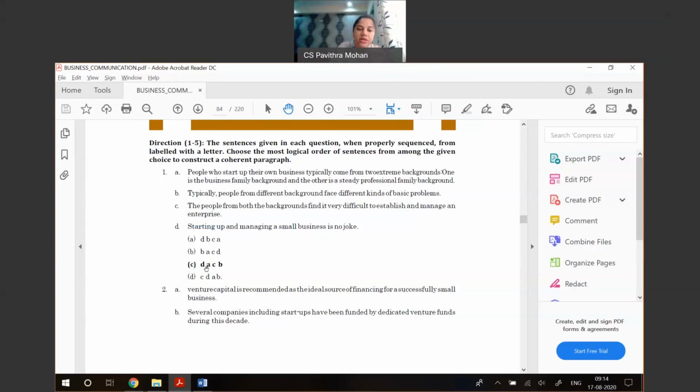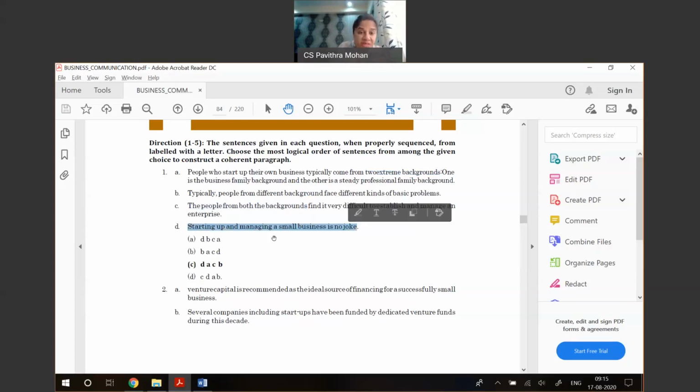It's DACB. This is how I'm going to read, understand and interpret my passages, and based on that I will see how it is connecting. The simple connection here was that he spoke about two extreme backgrounds, and then he is saying people from both the backgrounds. This is my connecting statement, so it became easier for me to connect A and C. The next connection I got was starting up and managing a business is not a joke.